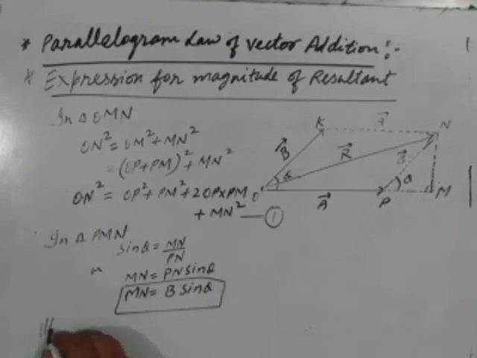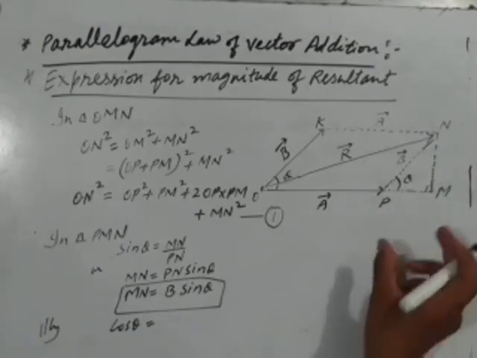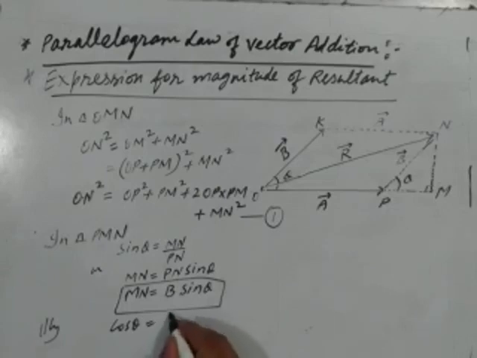Similarly, cos theta in the same triangle, cos theta equal to base upon hypotenuse, so PM upon PN, or PM equal to B cos theta.